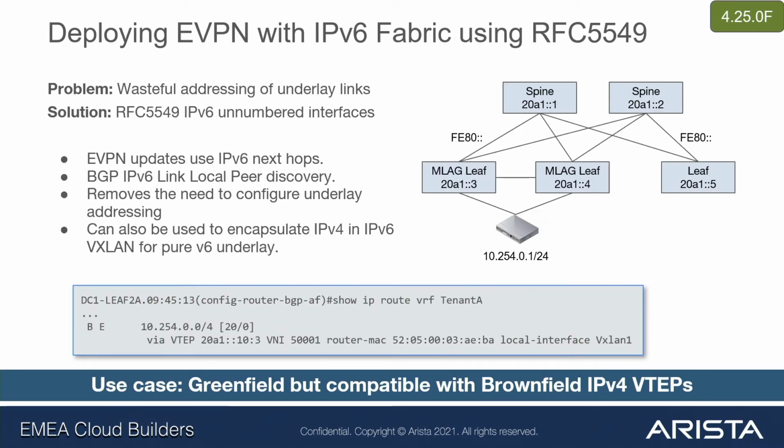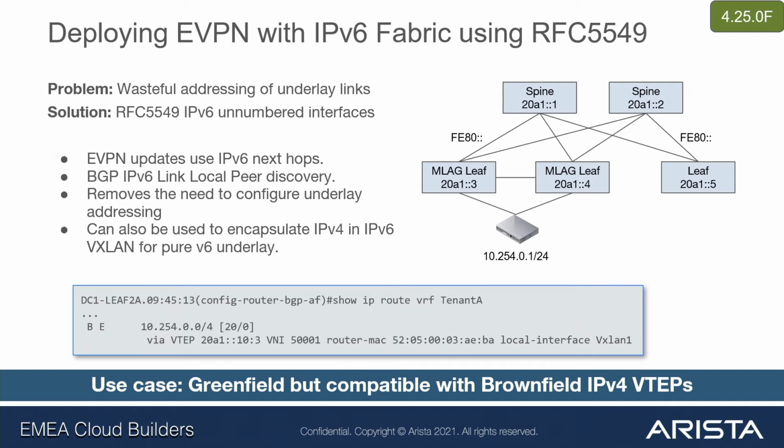Before I do, it's also possible to use RFC 5549 with the version 6 overlay traffic. Typically the problem with VXLAN, more so in a very large environment, is that you need to address every point-to-point link and every loopback.